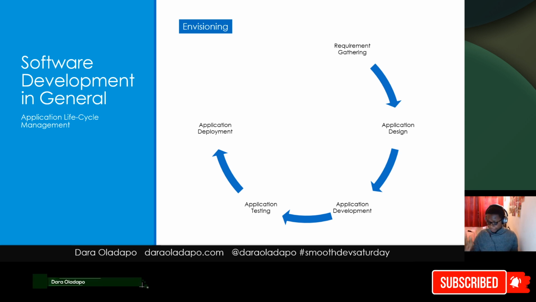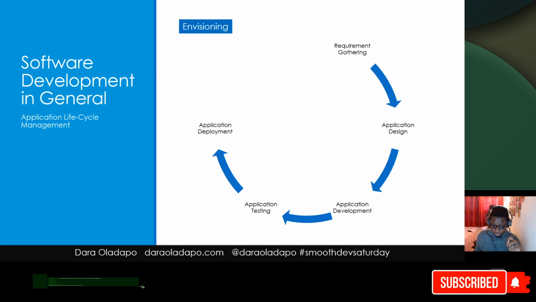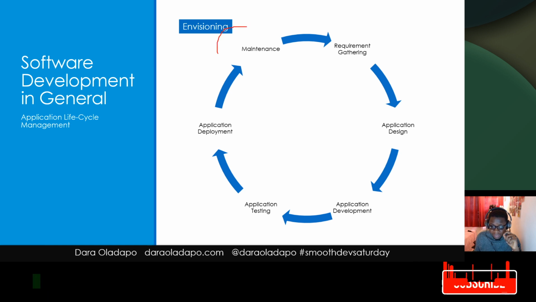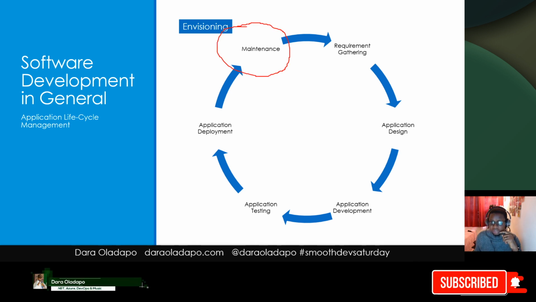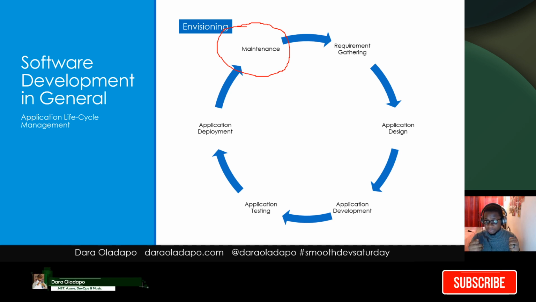Then you deploy, and then after deployment, which is actually very important in any software development lifecycle, you must be able to maintain the application. Maintenance in this phase means you are able to get telemetry from the application user to know how the application is performing in production or in the hands of the users.